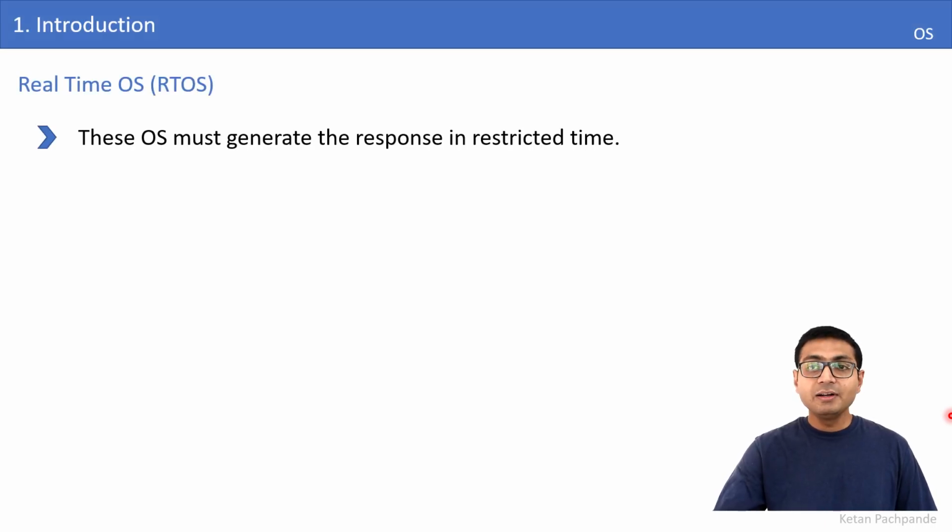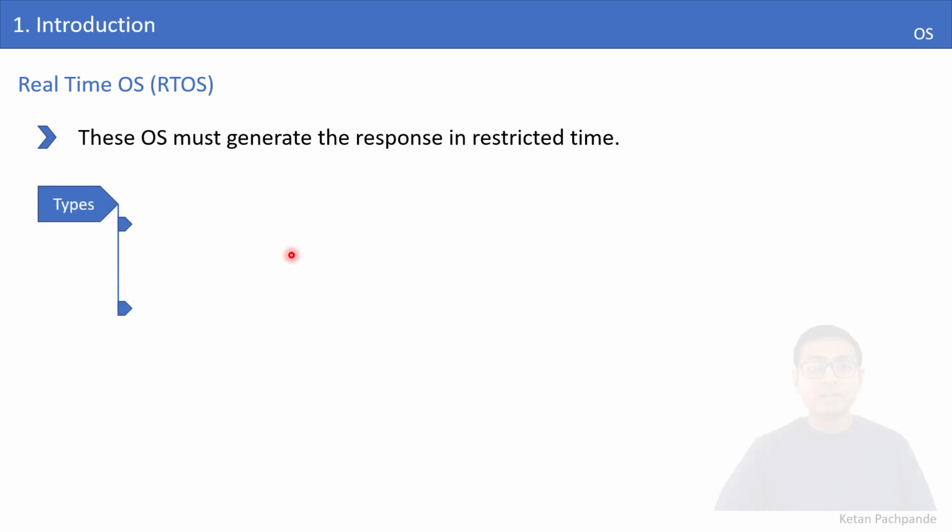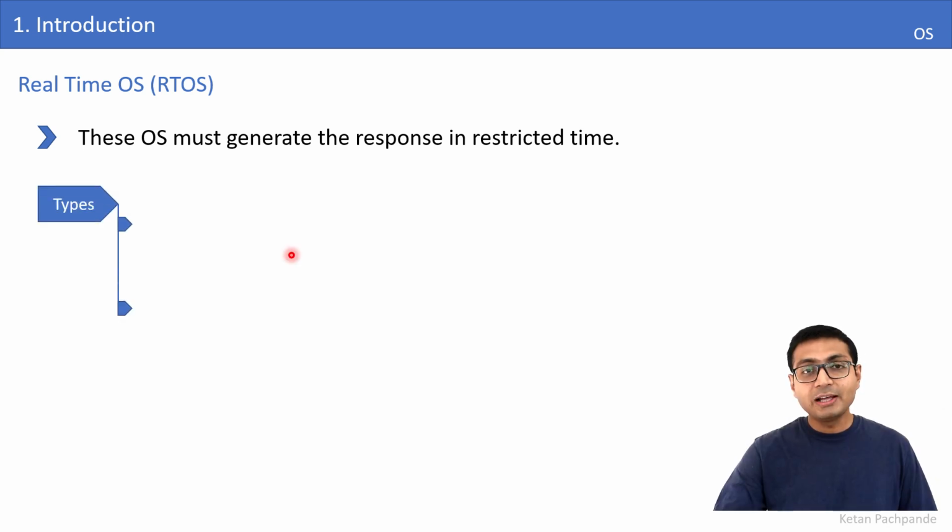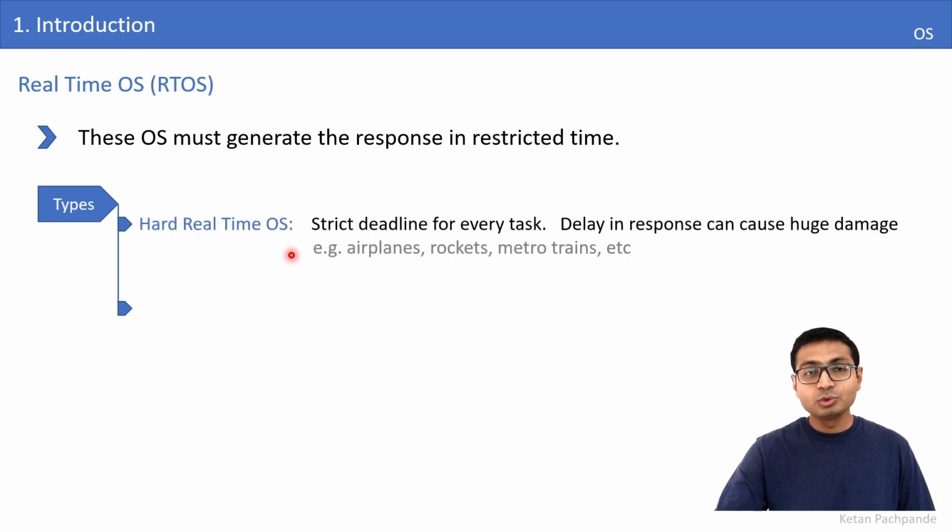Let me discuss what is the real-time operating system, which is also called RTOS. The operating system which generates the response in restricted time only is called a real-time operating system. Real-time operating systems are of two types: hard real-time operating system and soft real-time operating system. In hard real-time operating system, there is a strict deadline for each and every task the OS is going to execute.